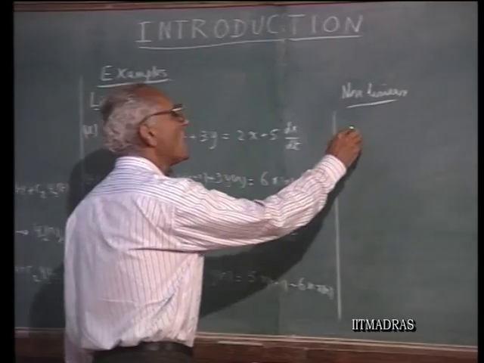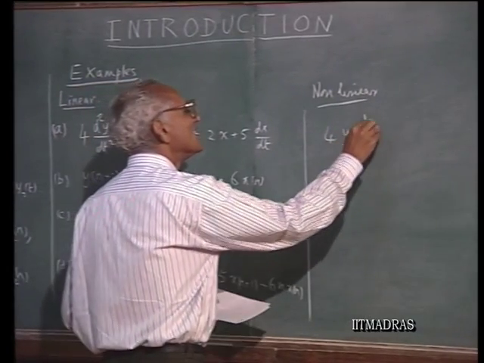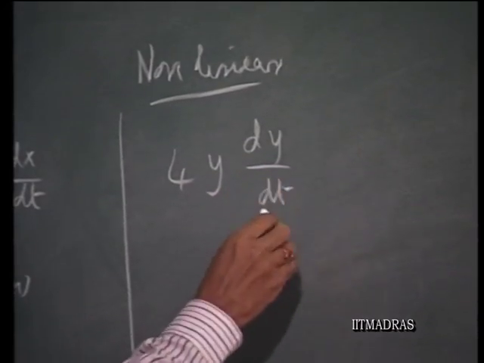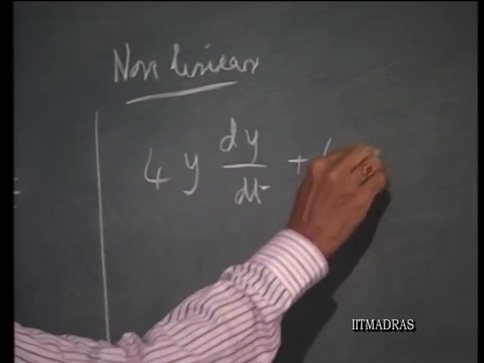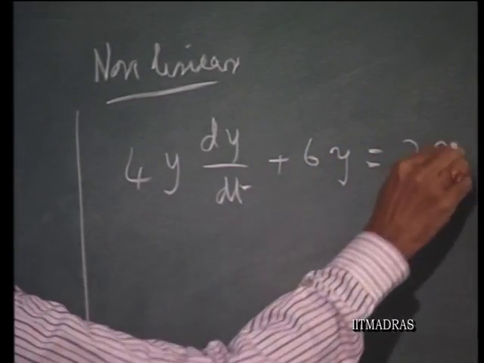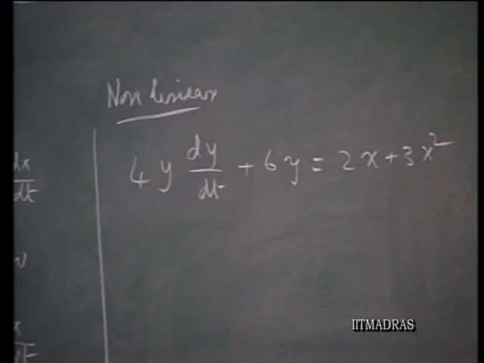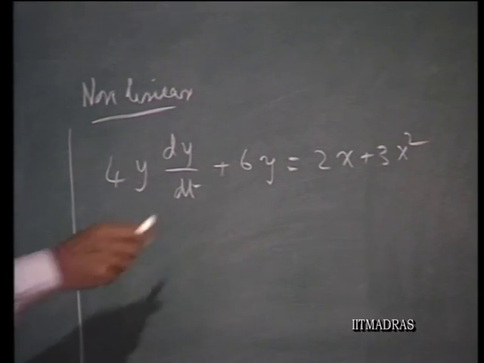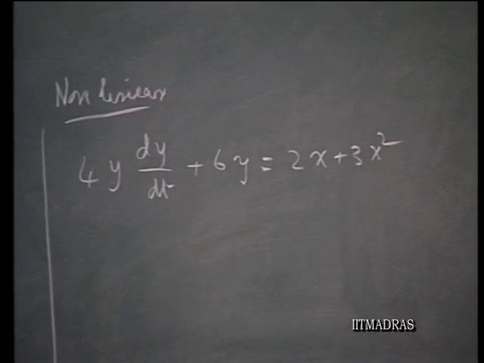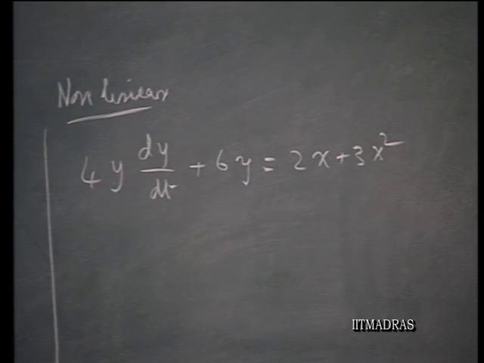Examples: 4y dy by dt plus 6y equals 2x plus 3x squared. So, you see that y is multiplying dy by dt, and also you have an x squared term here, and these are the two factors which destroy the linearity of this equation.